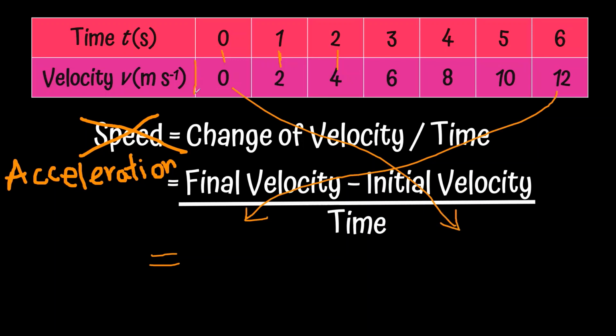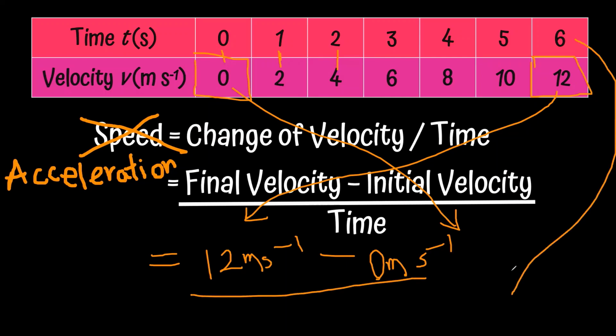Initial means the first velocity. So 12 ms^-1 minus 0 ms^-1, and the time is 6 seconds.